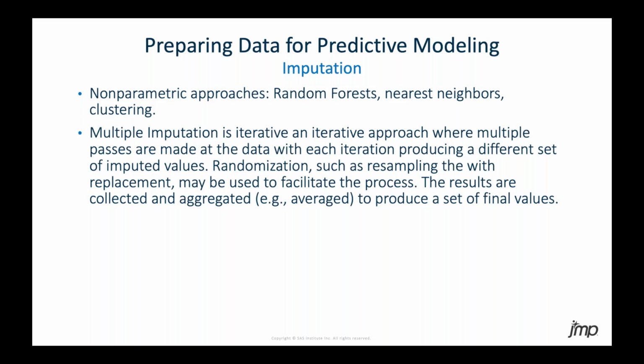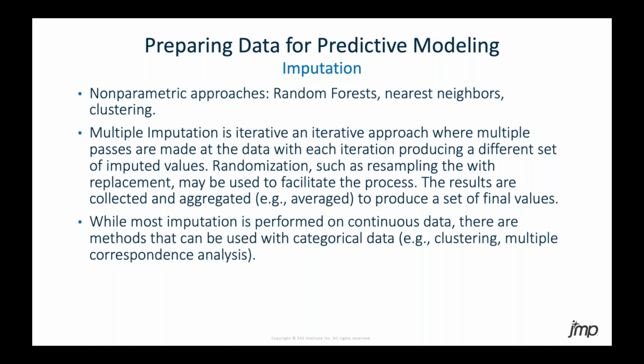Randomization is often a part of multiple imputation, such that you get some sort of resampling to facilitate the process. Once you're done with your multiple passes through the data, they're collected and aggregated in some fashion. And again, the way they're aggregated really depends on the algorithm that gets used.